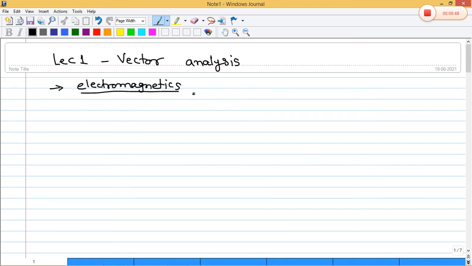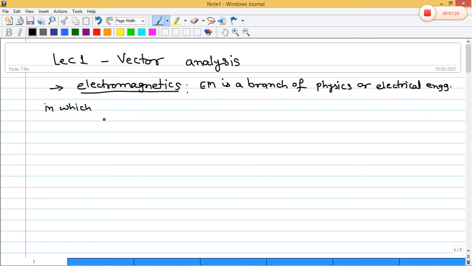So we can define it. EM is a branch of physics or electrical engineering in which electric and magnetic phenomena are studied.